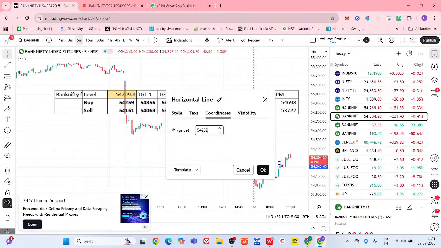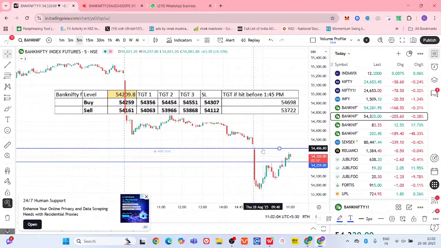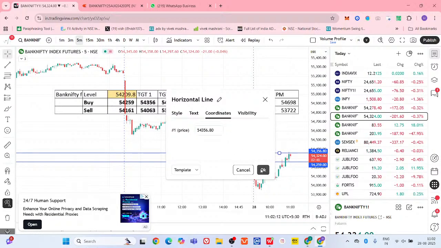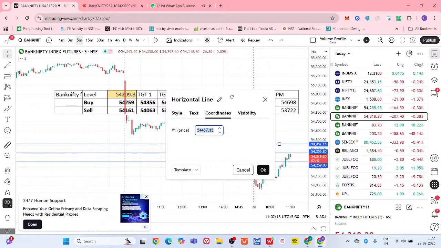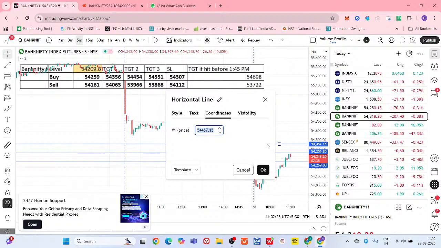Target is 356. Correct, the first target is done. What is the next target? 54,445, 54,454.